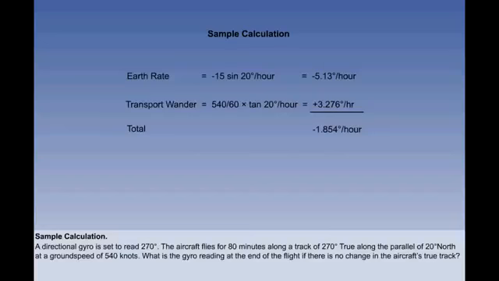After 80 minutes, the change will be minus 2.5 degrees. So the gyro will read 270 degrees minus 2.5 degrees, which is 267.5 degrees. Compare this answer to the answer we would get if the aircraft was travelling east along a track of 090 degrees true.